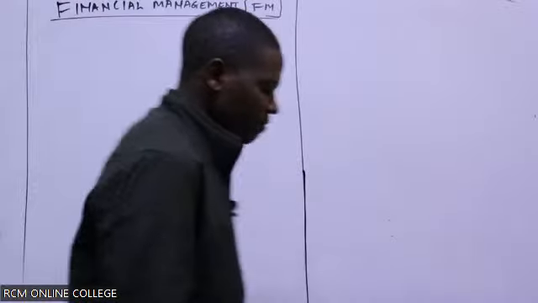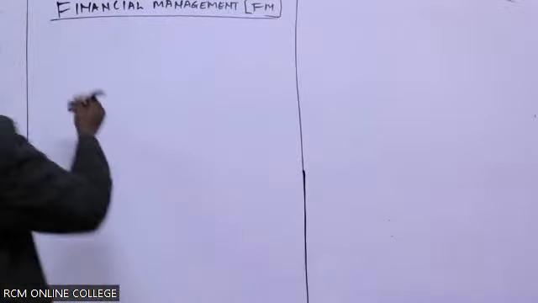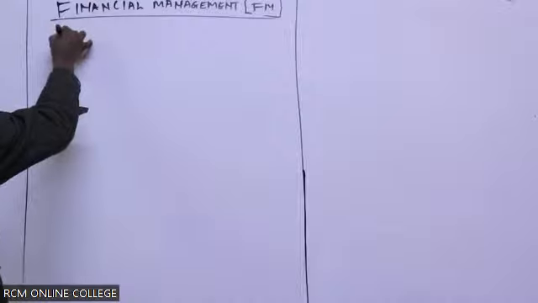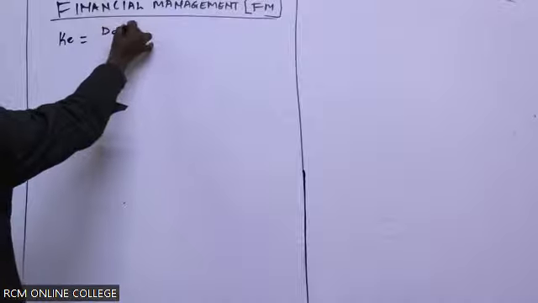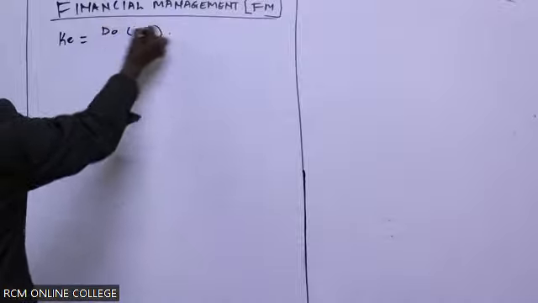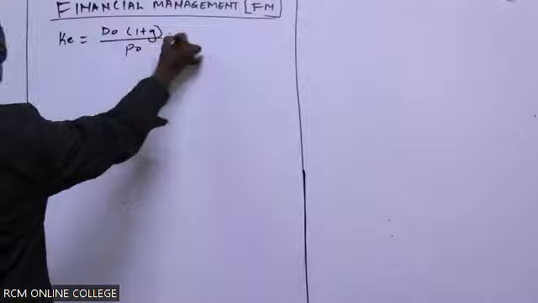The formula remains KE equals D0(1 plus g) over P0 plus g. Just want to remind you of this.